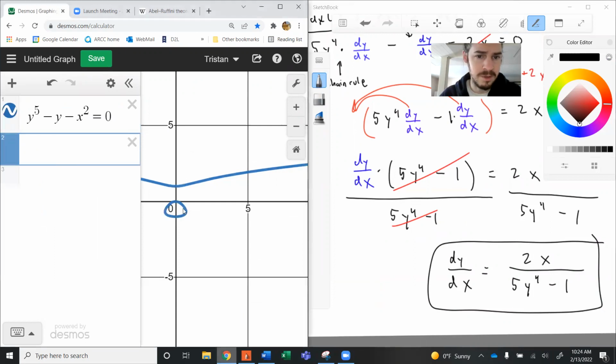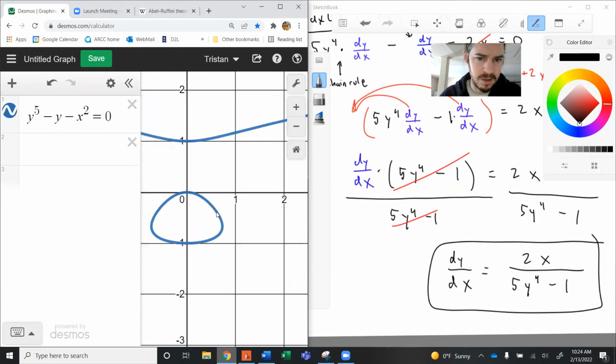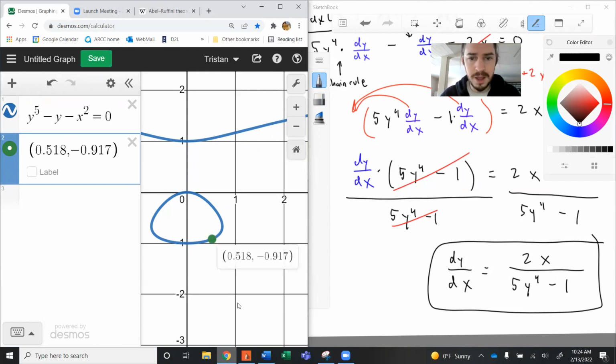Over here, I'm going to grab one of these interesting points. Let's find a good one. I'm going to get that, 0.518 and negative 0.917. There's a point which is approximately on the graph. Now I want to use that as my x and that as my y.